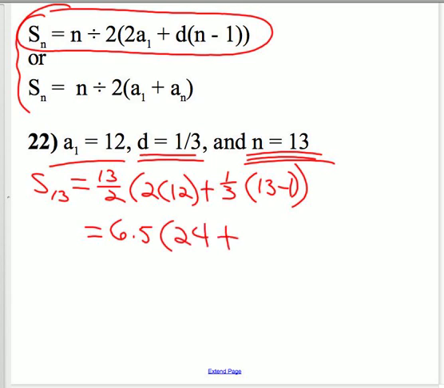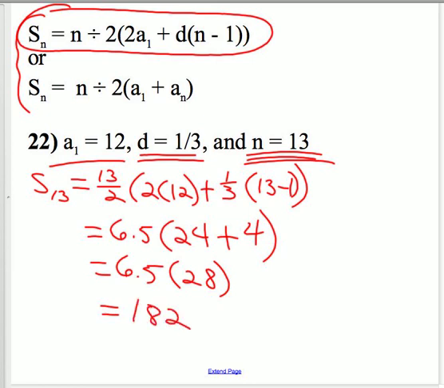So if I do some bits and pieces of it here, I'll end up with 6.5 times 28. 6.5 times 28 is 182. So the sum of the first 13 numbers in this series is 182.